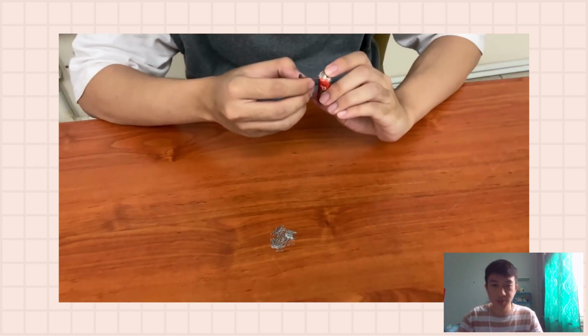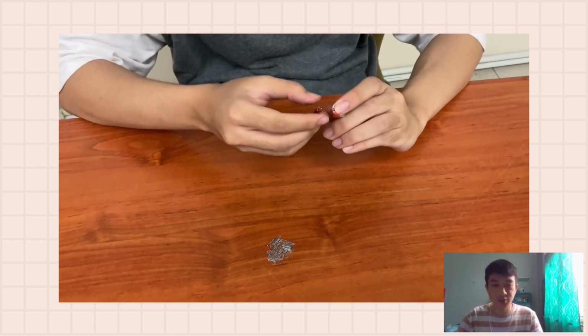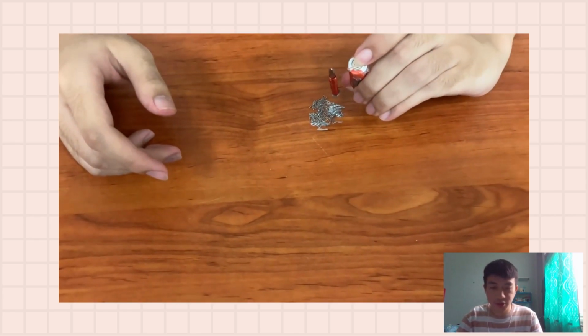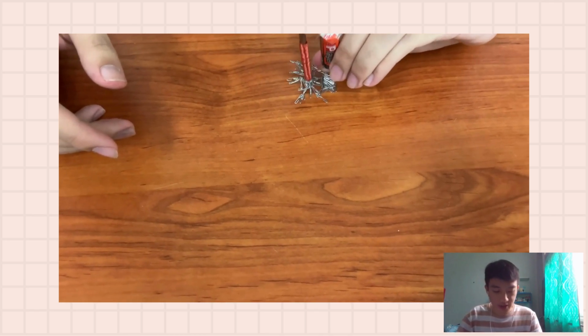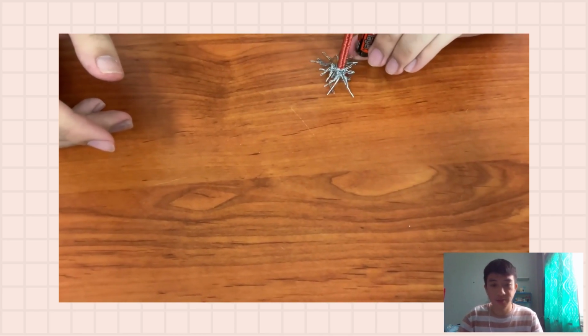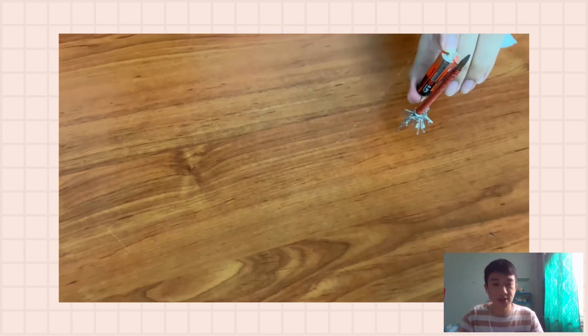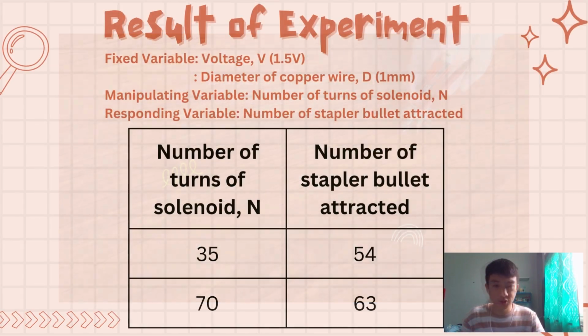Now we change the number of turns of the solenoid to 35 turns, and we keep the original voltage, which is 1.5 volt, and the diameter of copper wire, which is 1 millimeter. So the number of staple bullets attracted is counted. So this is the result we get from the above experiments, and now we can show that the more turns of the solenoid, the more electromagnetic field is created, and the more staple bullets are attracted.